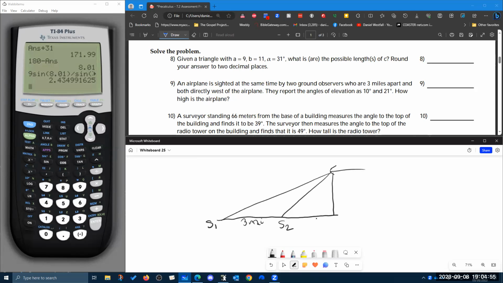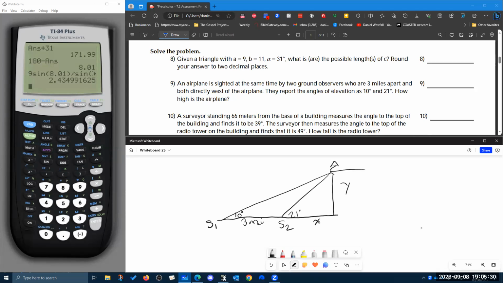Spotter 1 sees the airplane at a 10-degree angle of inclination, spotter 2 at a 21-degree angle of inclination. The distance y from the point below the airplane to the plane is unknown. I can try to solve everything so that I solve for y right away, since that's my objective.